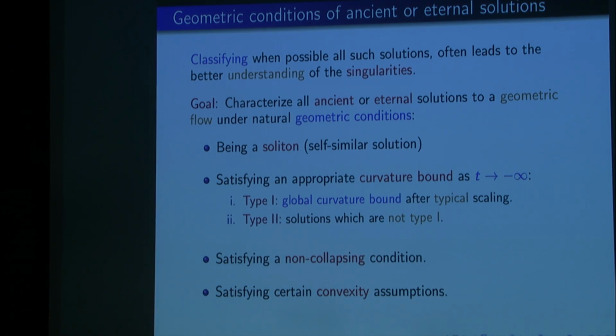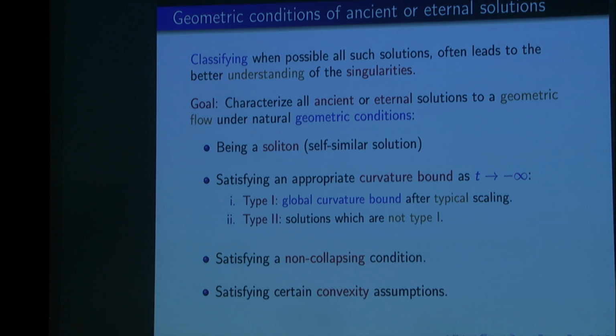You have the harmonic polynomials, etc. But if we put some natural conditions, for example, a bounded curvature condition, or some other geometric condition that I don't want to specify so much, convexity, for example, then we reduce the class and we are able to classify.